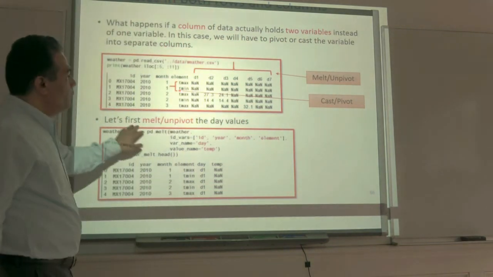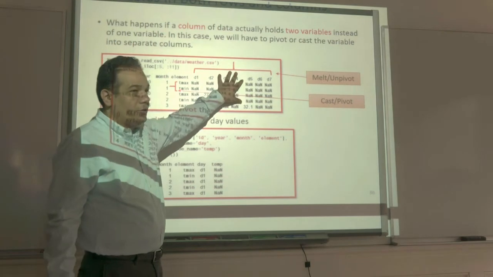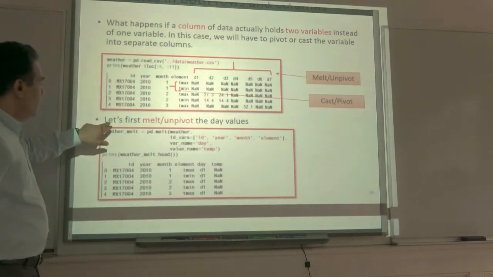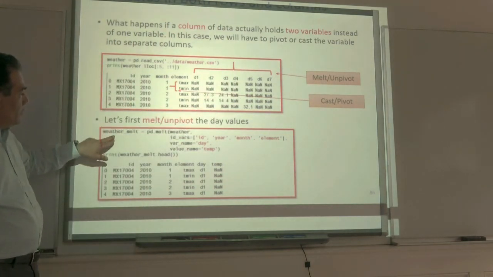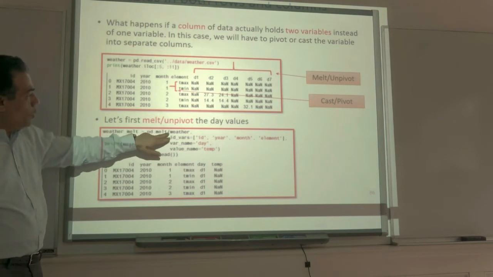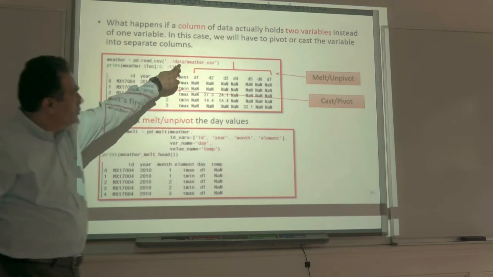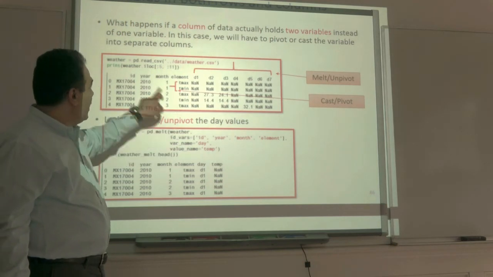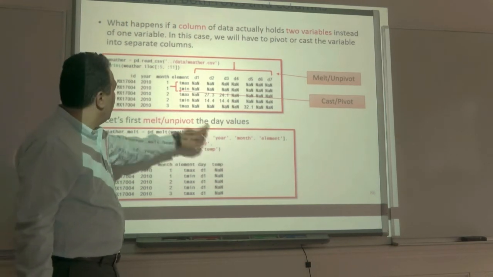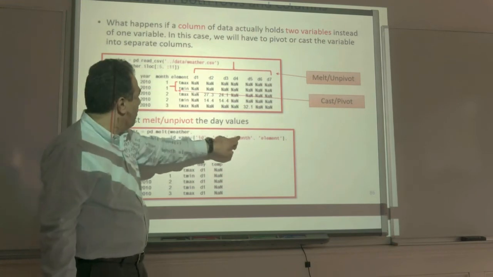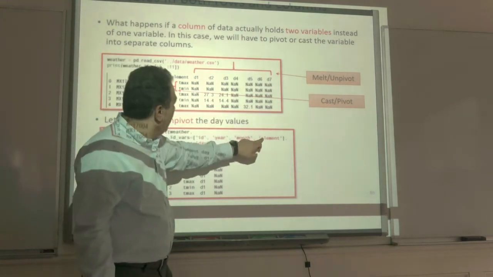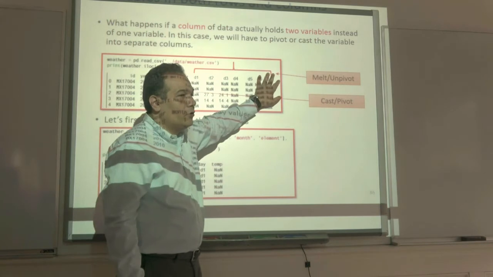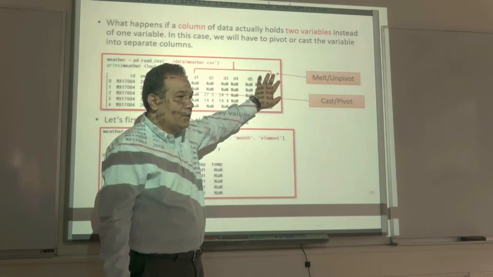So the first thing you're going to do is to melt in here. So let's melt first. What variables are you going to keep? The ID keep it, the year keep it, the month keep it, the element keep it. Everything else, what are you going to do with it? Melt.